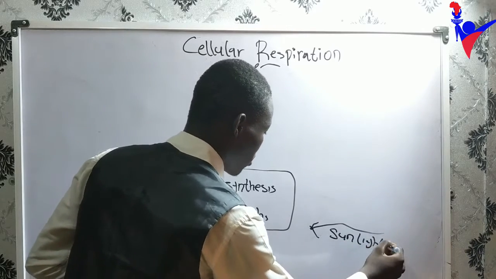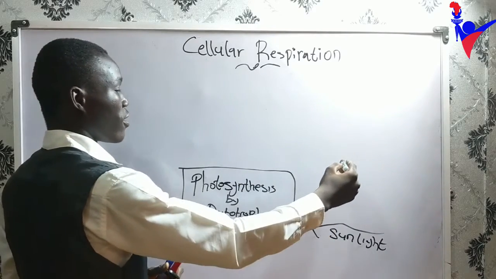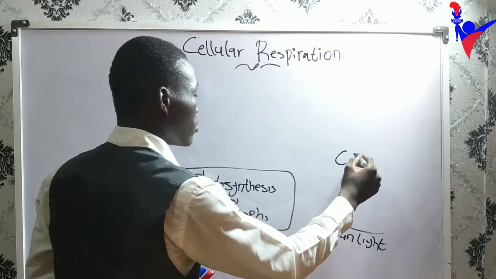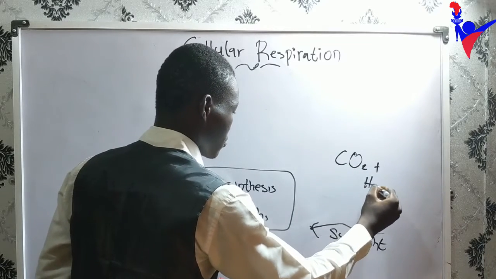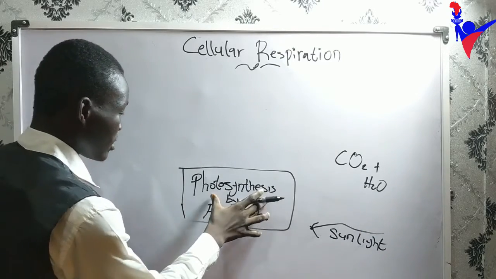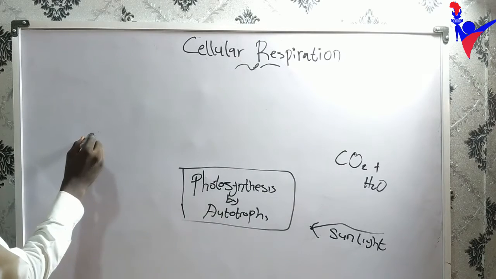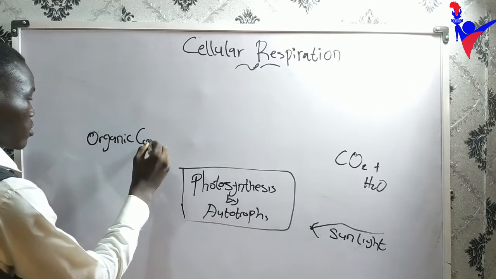Right? They convert sun energy into chemical energy. They use sunlight and CO2 in the presence of water. Now, what happens is that autotrophs use photosynthesis to produce what? Organic compounds.